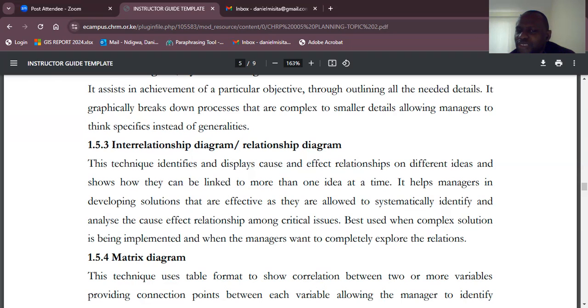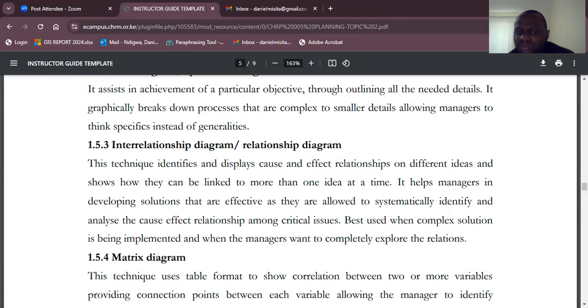So you'll be able to understand various ideas at a time, so that you build some relationship and various solutions to various problems, so that it becomes easier for you to understand what are some of the cause-effect relationship that you are going to face. And also it provides complex solutions to various issues within the organization.